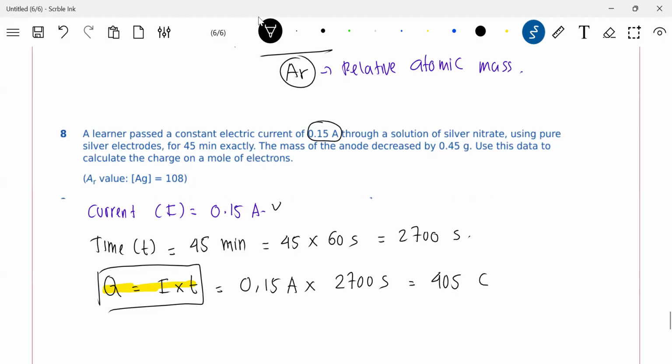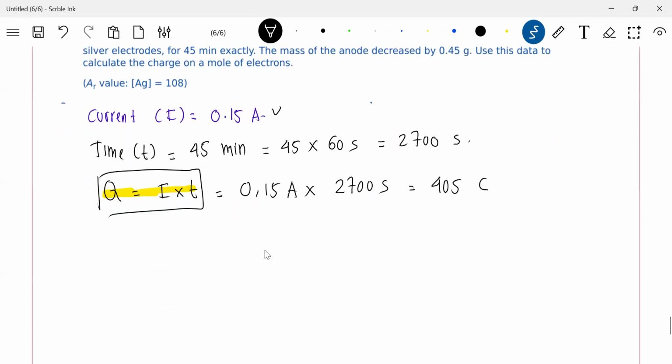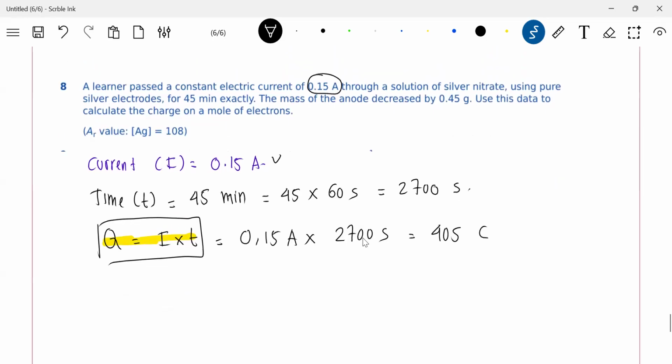Next step, we have to calculate the moles of the silver. We know that the mass is 0.45 gram.